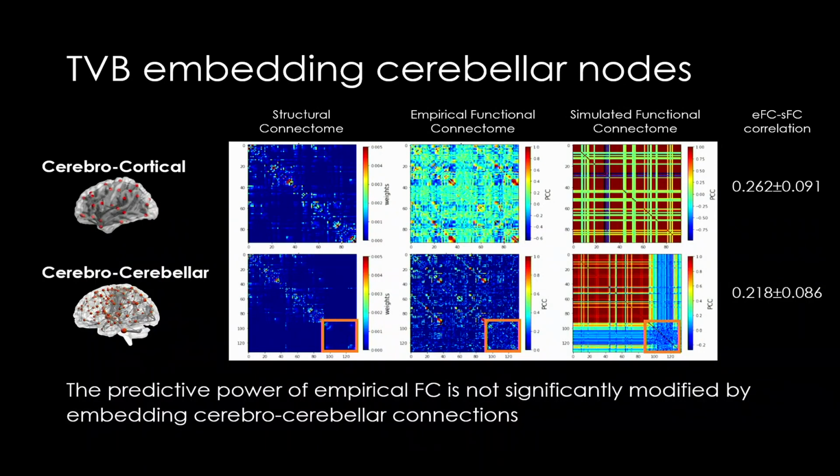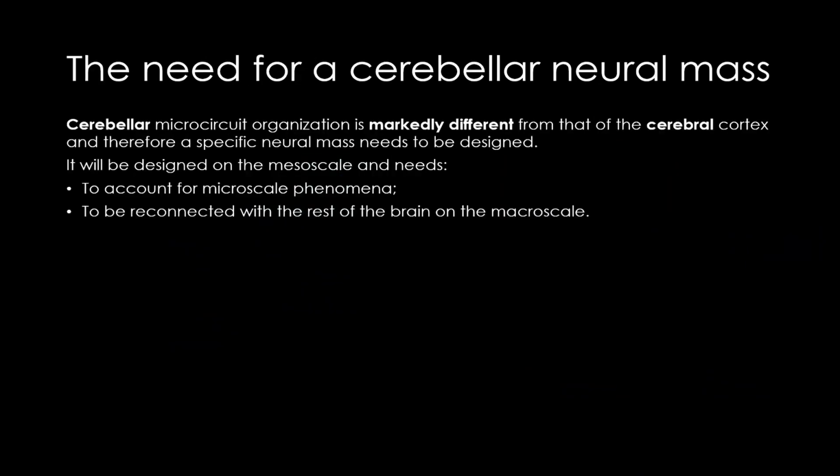Nevertheless, it's also very important to use different models and different neural masses that are specific to different parts of the brain. And this is the reason we need the introduction of a cerebellar neural mass.